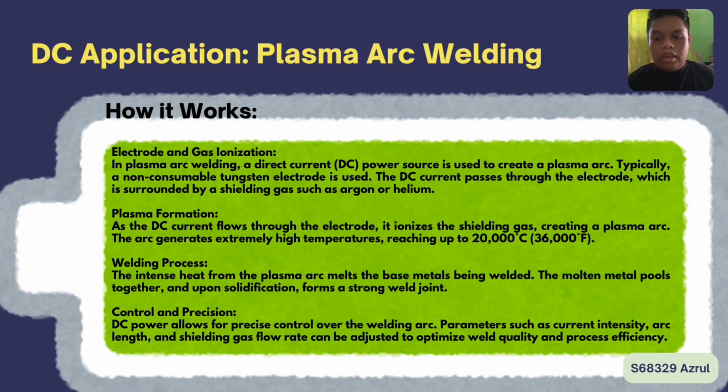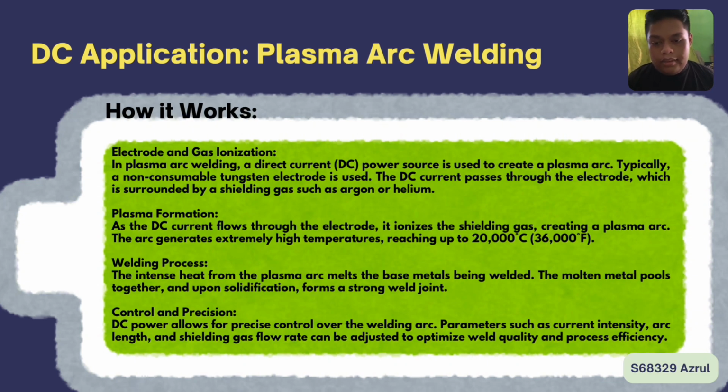And third is the welding process. The intense heat from the plasma arc melts the base metal being welded. The molten metal pools together, and upon solidification forms a strong weld joint.